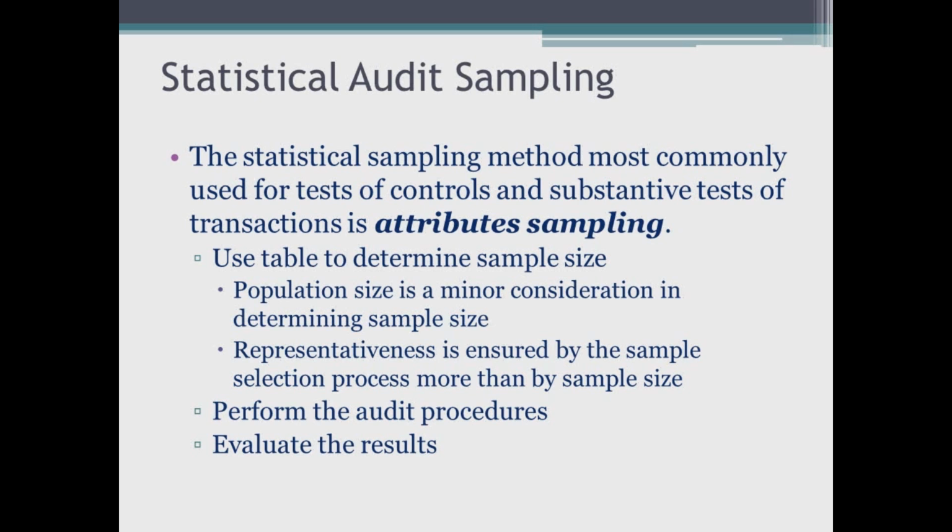So the takeaway here is statistical sampling is based on distributions. We're not going to get into all of that. It's just to know that it's a more scientific way of selecting your sample size. It removes a lot of the biases or judgments that are involved in non-statistical sampling. However, the approach is the same.